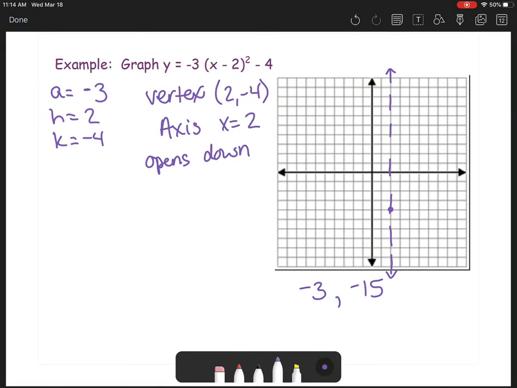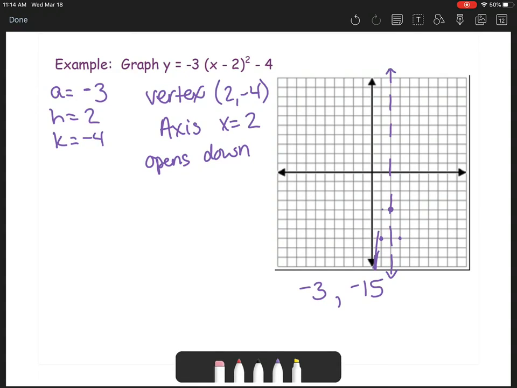This will open down, and we are going to have a right 1, down 3. So this is a really narrow parabola. These are the hardest ones. -15 is way off my graph paper, so I'm just going to kind of ignore that.